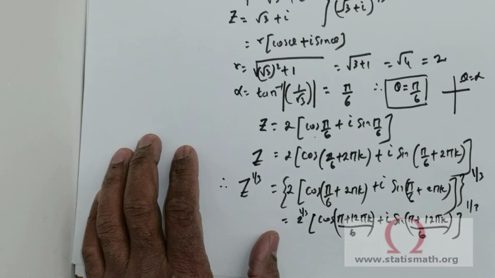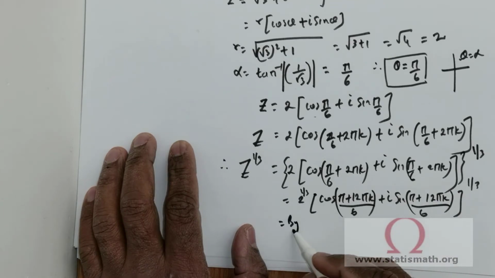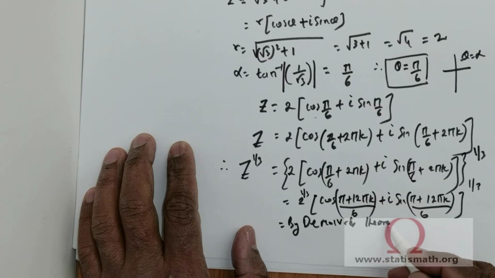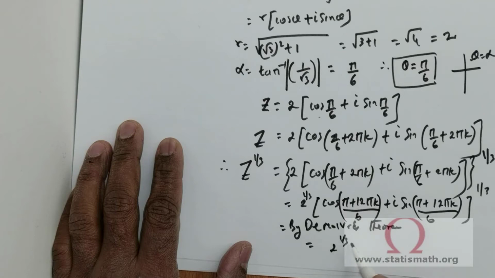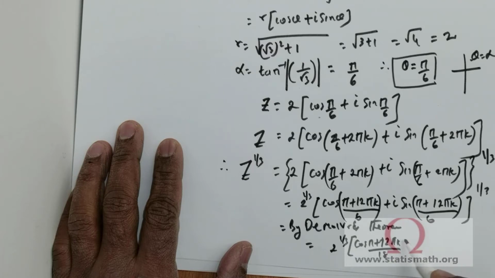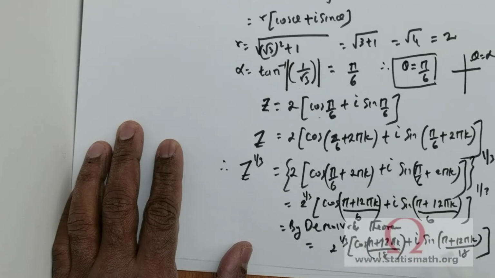By De Moivre's theorem, I can rewrite this by moving the power. So this is going to be equal to 2 raised to the power 1/3 of cos (π + 12πk)/18 + i times sine (π + 12πk)/18. This is by De Moivre's theorem.